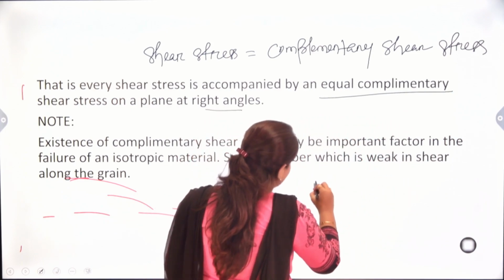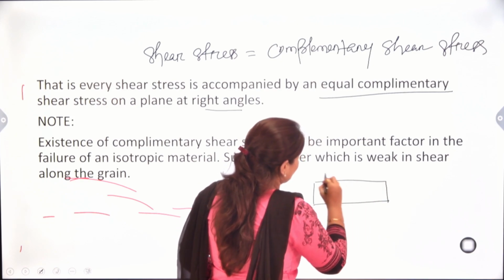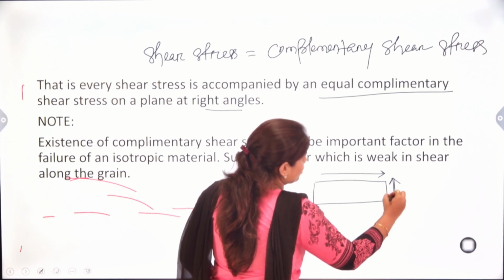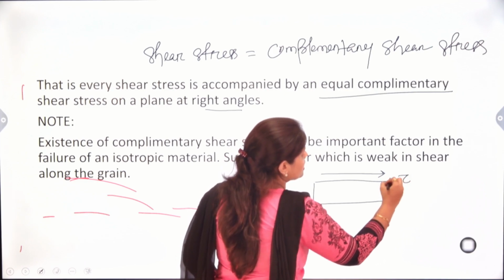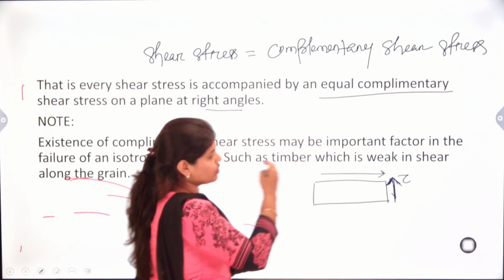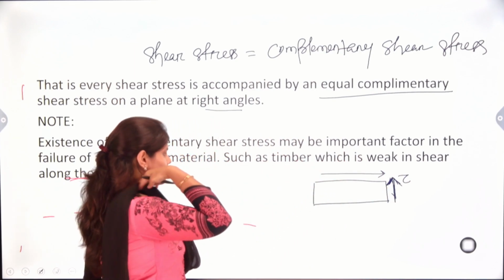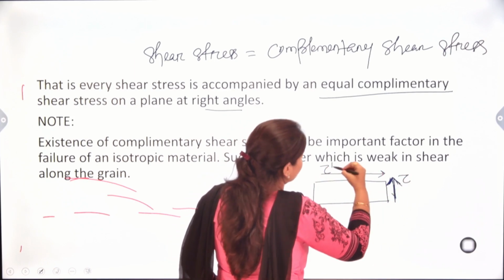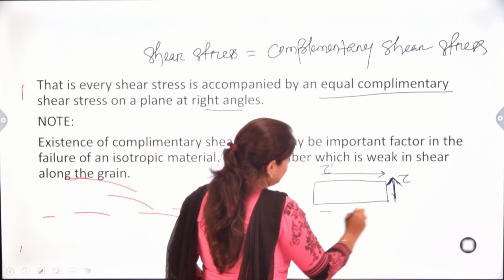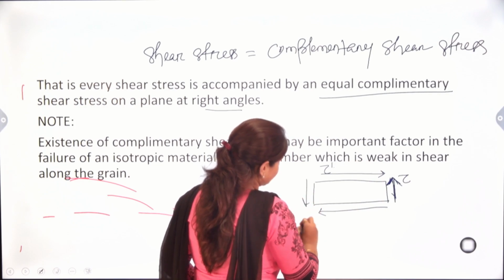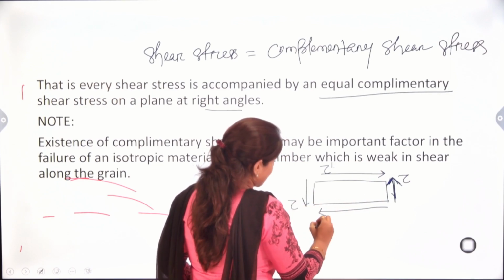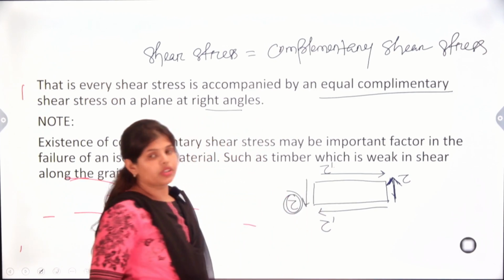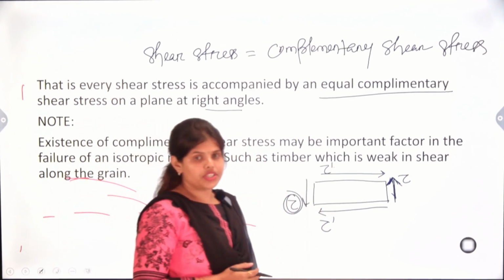That means in the case of a rectangle, if we have the shear stress here, we will have the complementary shear stress at right angle to each other. If this is your tau dash, this will be your tau, and if this is your tau dash, this will be your tau, acting at right angle to each other.